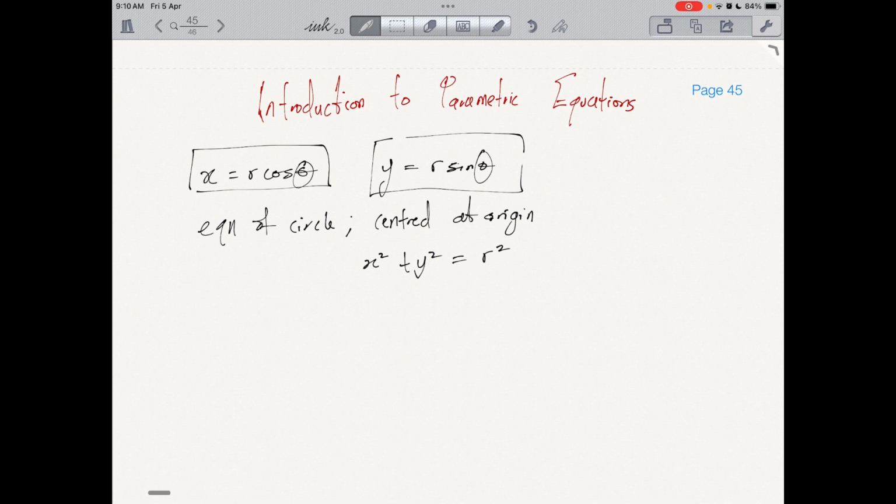So let's do this. Our x is r cos theta squared. Our y is r sin theta squared. Will it give us r squared? We'll find out. So this will give us r squared cos squared theta plus r squared sin squared theta.